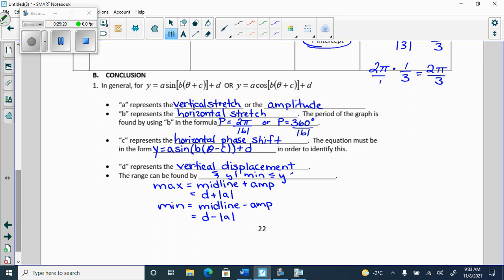So the min is less than or equal to y is less than or equal to the max, or square bracket min comma max, in that notation.